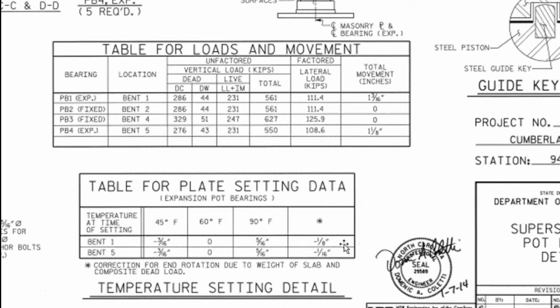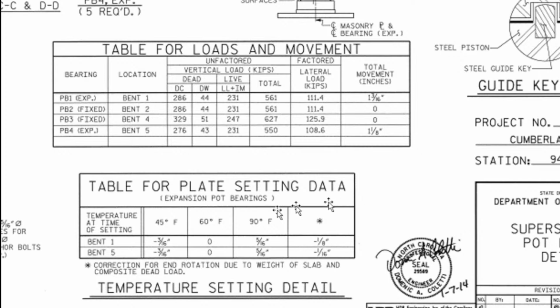So this is steel. So how much Fahrenheit? 90 Fahrenheit, 60 Fahrenheit, 45 Fahrenheit. So these are the values for bent 1 and bent 5. So the same. Not the same here, 1/8, this is 1/16. So the same. This is not the same.